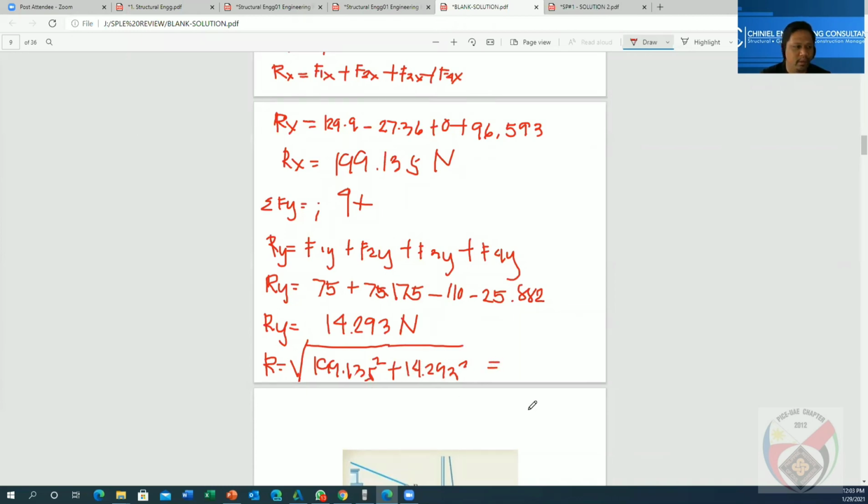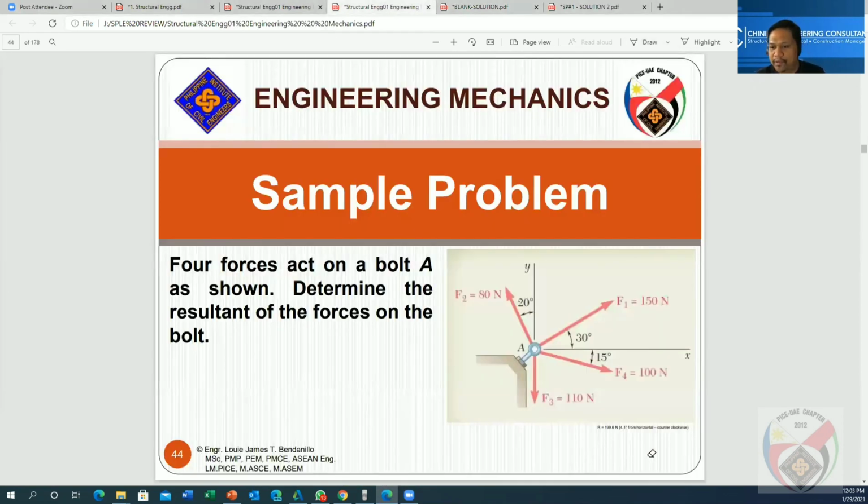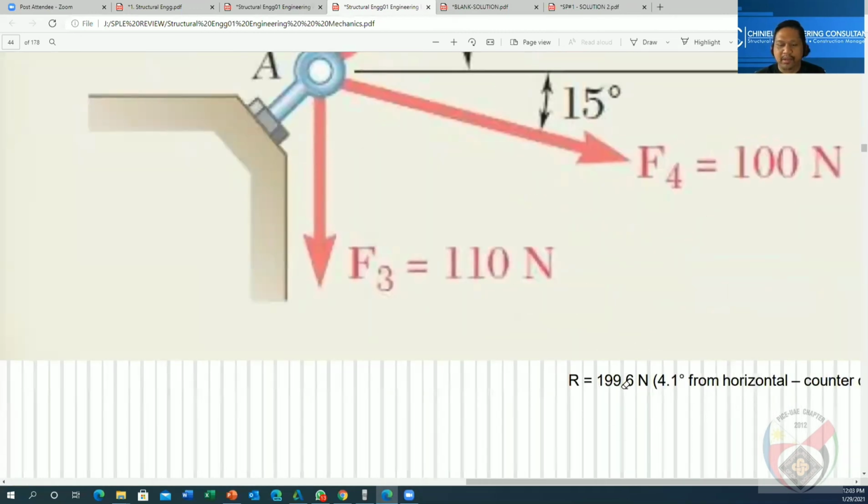So what is the value? 199.647 Newton. Okay? Because sometimes the given is in Newton, but the choices are in kilonewton, so sometimes we convert. Let's check the answer of Sir Louie if our answer is correct. There. You are really the best. So, 199.6 Newton. So we are correct.